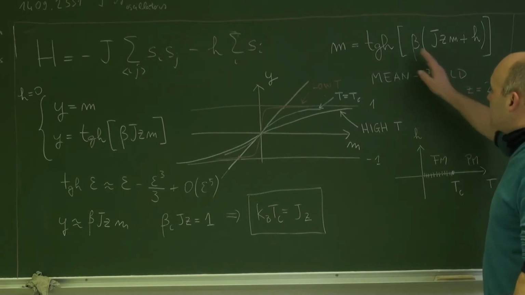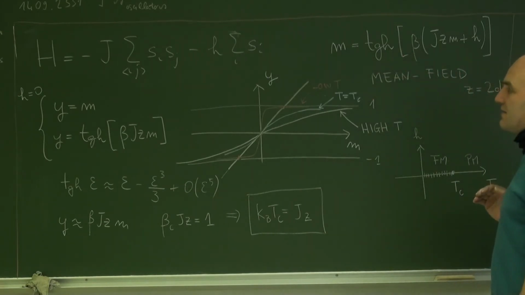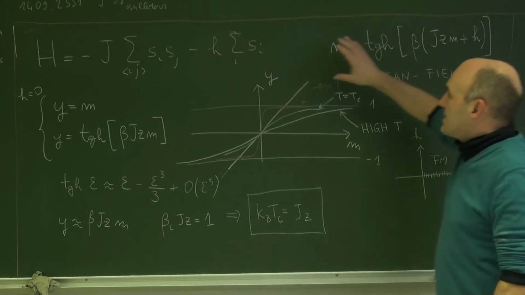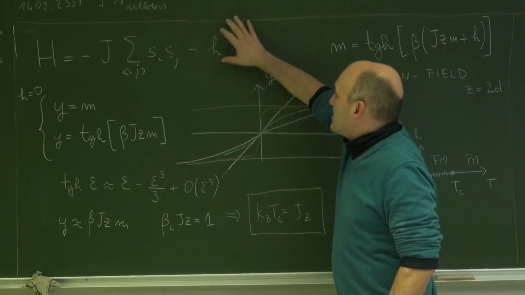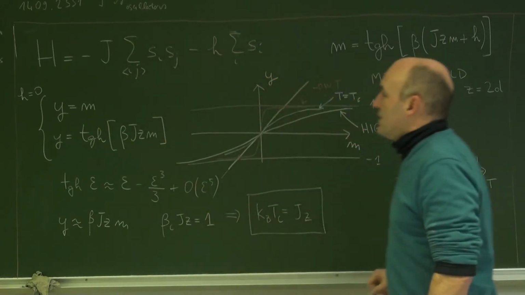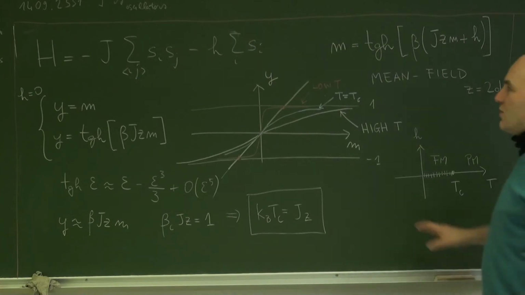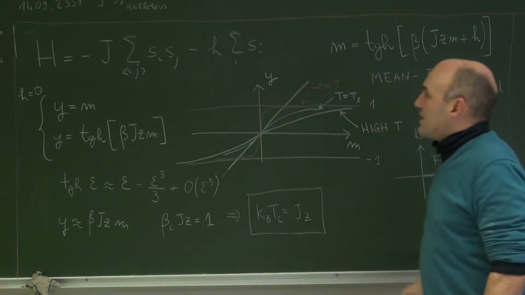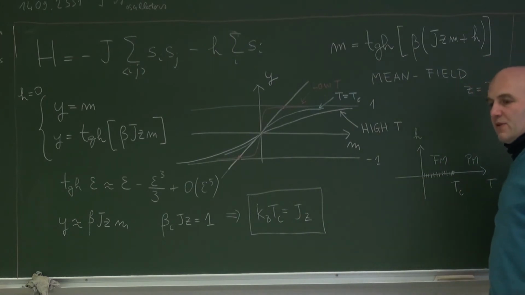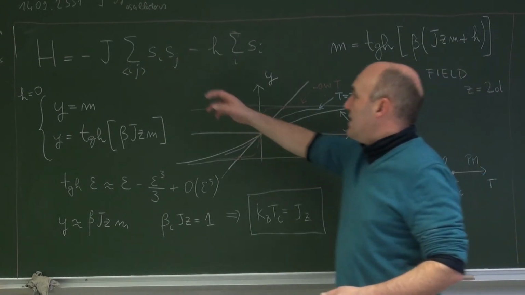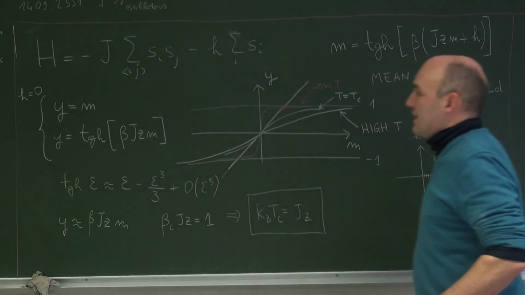Why is it so? Because this is a mean field approximation. If you remember how we derived this, we treated this part exactly, and we treated the interaction in an approximate way. We actually used a system of non-interacting spins as a starting point to define our free energy, and we used this part of the Hamiltonian.